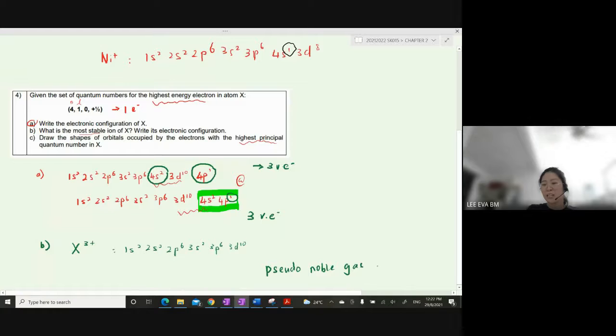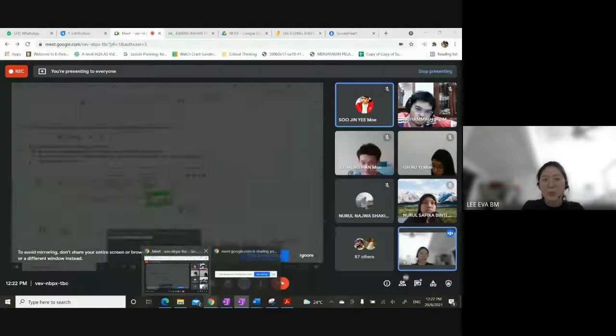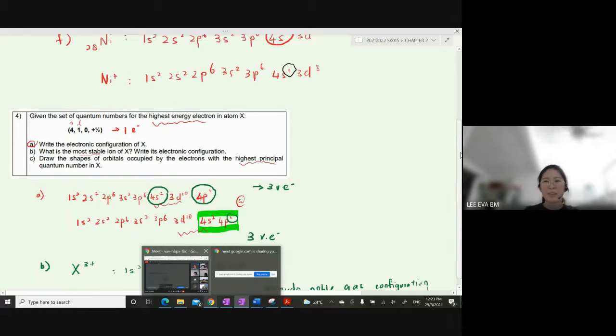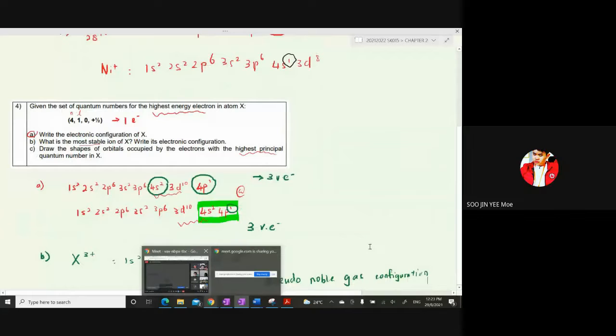You can also Google it to find out. It's not in your syllabus, but you can figure out what it means by pseudo noble. It represent or resembles noble gas. It is not entirely the same as noble gas, but it's kind of like noble gas, completely filled. All right.